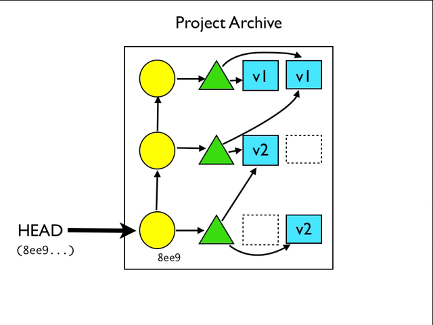That content determines the hash value that is its file name. Now, inside that metadata file is a reference to both the root manifest file and the previous snapshot. So their hash values are stored inside the metadata file.